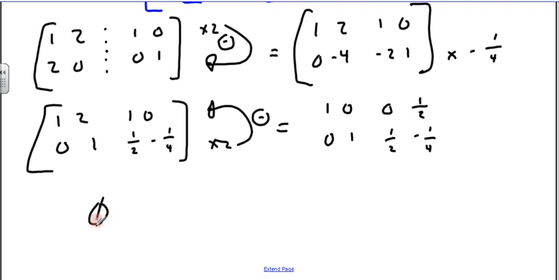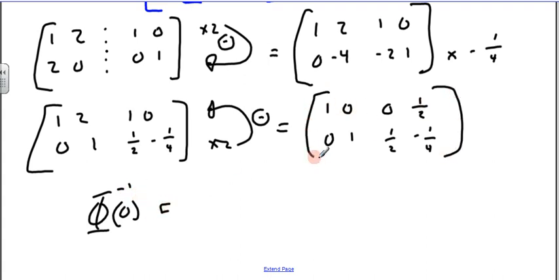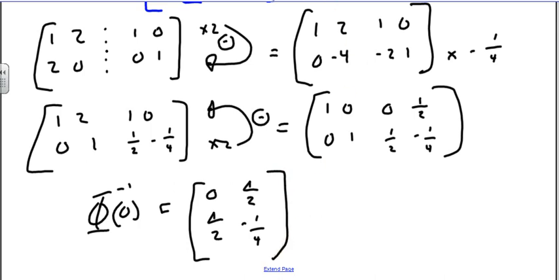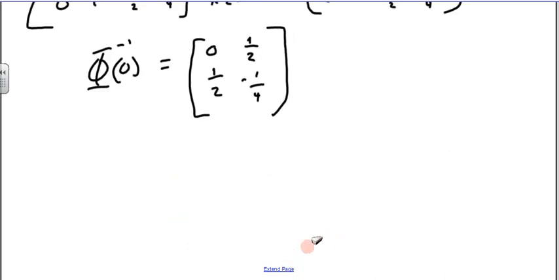So iota 0 inverse is going to be 0, 1/2, 1/2 minus 1/4. And if anybody gets this problem right, including me, it's going to probably be a message from somebody.